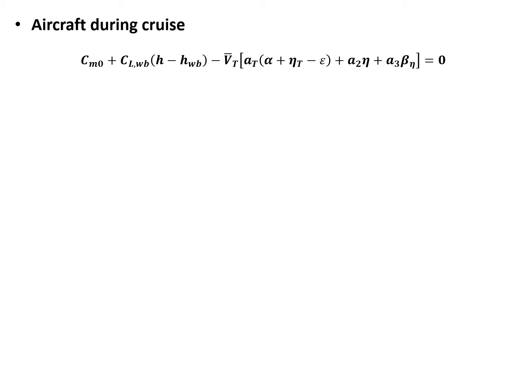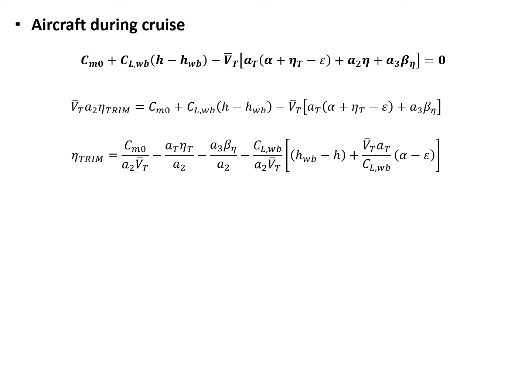Since we are interested in the elevator deflection, the target now is to make the elevator angle explicit. So we take VT bar times A2 times eta, and we add the subscript trim, because now we are in the trimmed condition. Then this eta trim becomes explicit on the left hand side, and the right hand side is combined by the other terms.